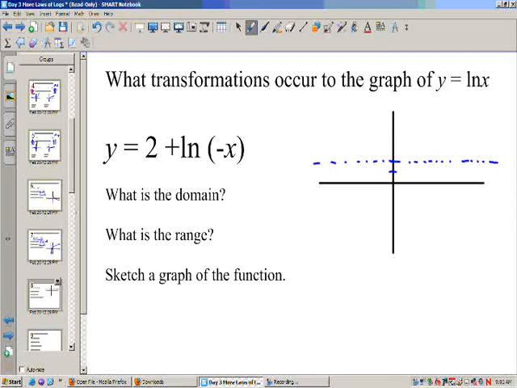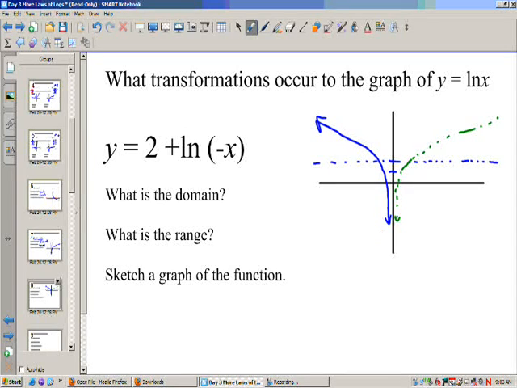So if I was going to do this in green again, our natural log would be coming up and pass through here and then go off to the right. However, we're flipping this over the x-axis, so we're going to come down and up and over.